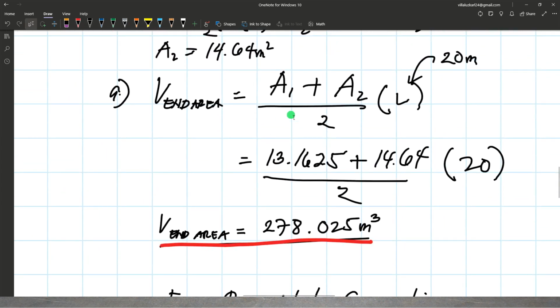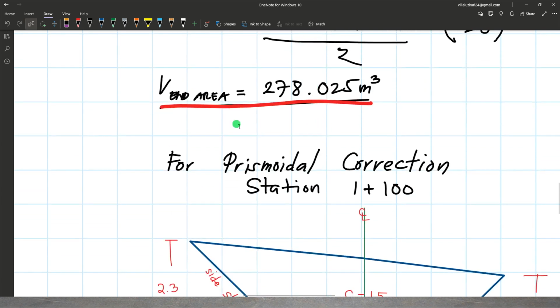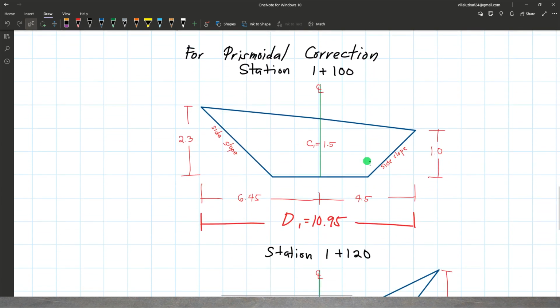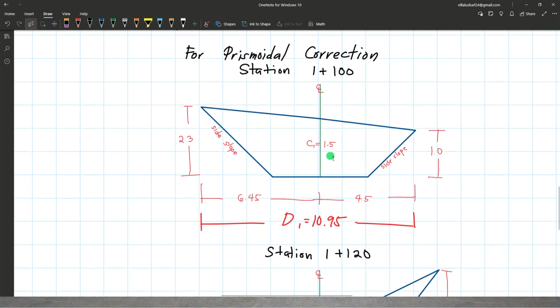Okay, so letter B, required to determine the corrected volume. So we apply prismoidal correction. For the prismoidal correction, just identify the C1 and D1 for the first station, station 1 plus 100.